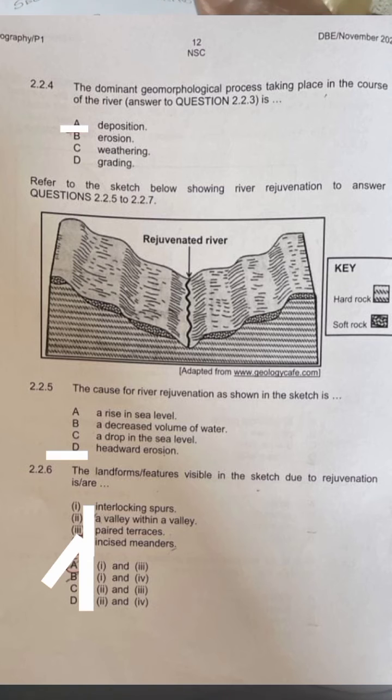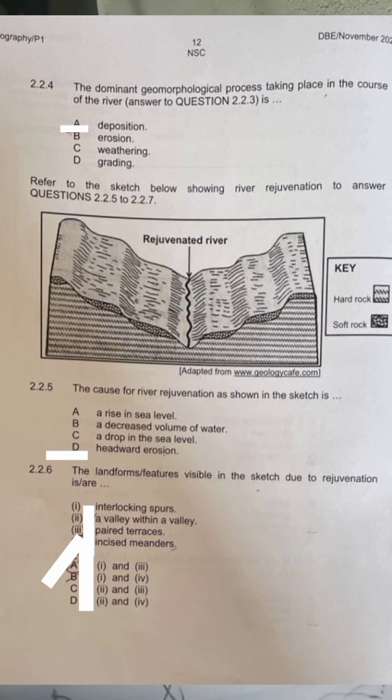In other words, what do we call the landforms in the diagram? Looking at the diagram, we said these are terraces. Right, so what options do we have here?